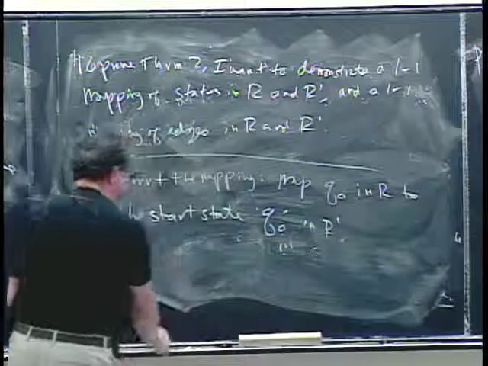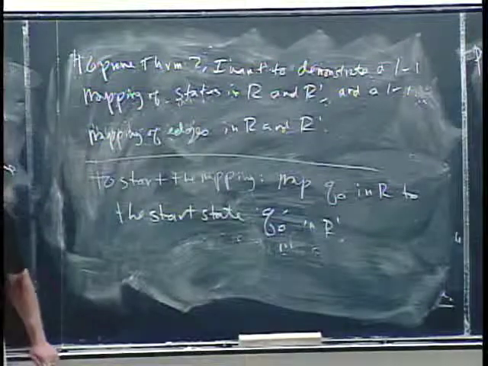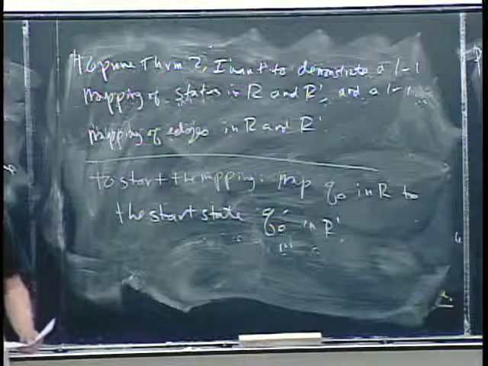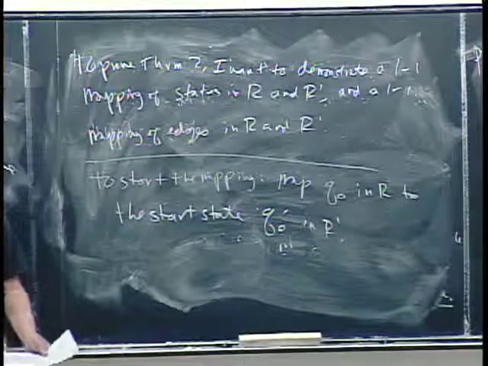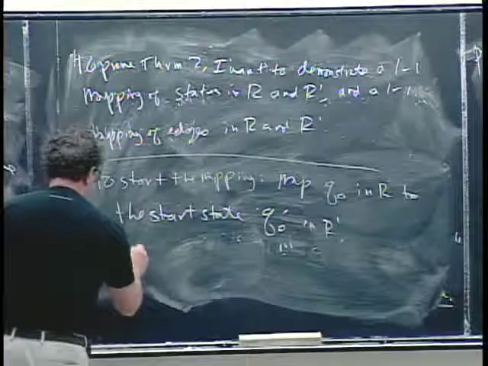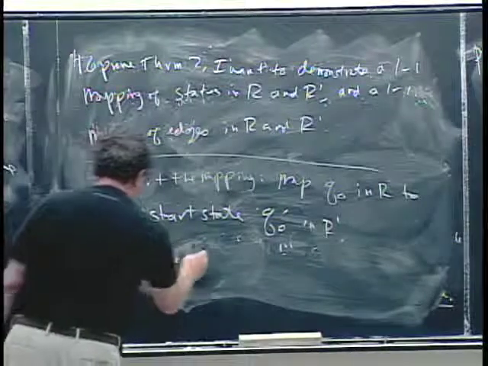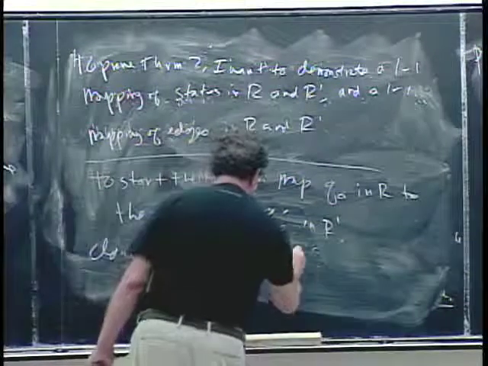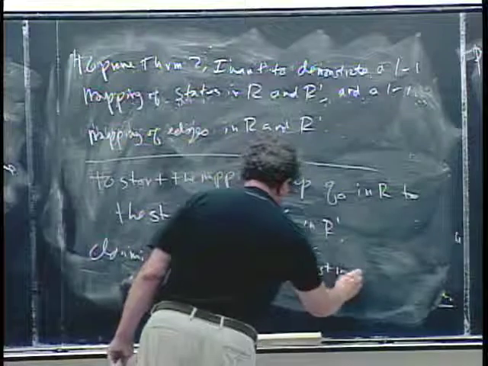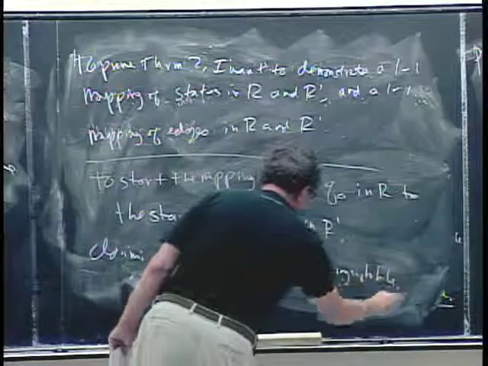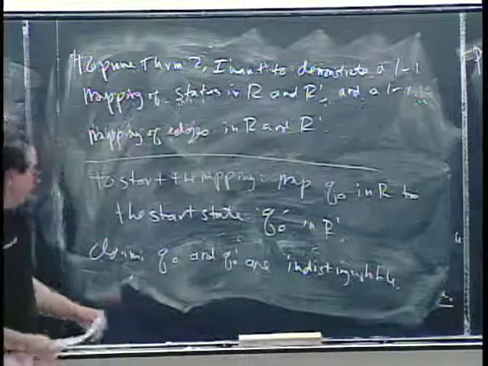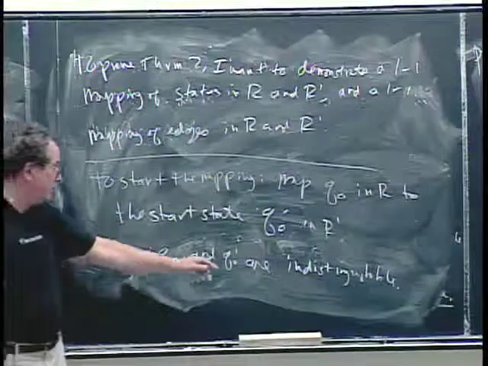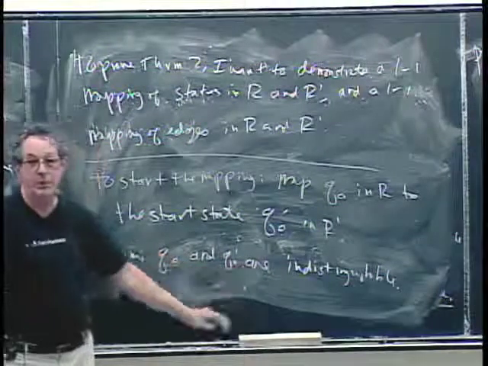And we claim that those two states are indistinguishable, in our definition of what it means for a pair of states from two different machines to be indistinguishable. Claim: Q0 and Q0 prime are indistinguishable. Why is that true? Why is it true that the start state in R is indistinguishable from the start state in R prime?